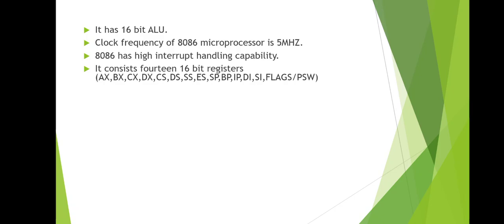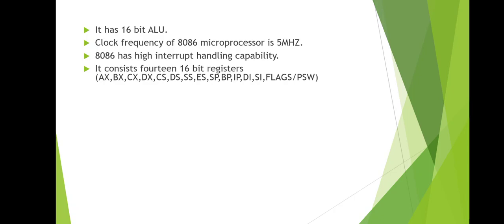Flags are used to indicate the output after performing arithmetic and logical operations. Suppose when we perform addition of two bits or bytes, then we get carry in the output. To indicate carry, the carry flag indicates the carry if the carry is generated, and if we get negative in the output after performing addition of two operands, then the sign flag is set to 1.